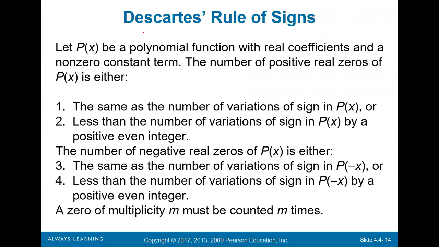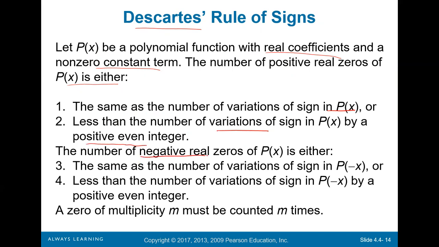Okay. Now let's talk about Descartes' rule of signs. If my polynomial function p of x has real coefficients and a non-zero constant term, the number of positive real zeros of this function is either the same as the number of variations in sign of the polynomial or less than that number by a positive even integer.